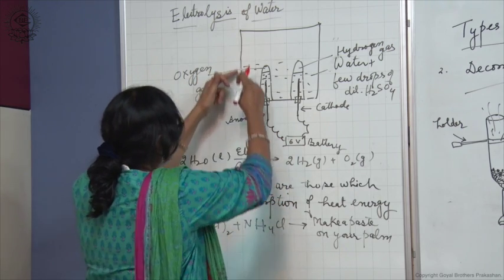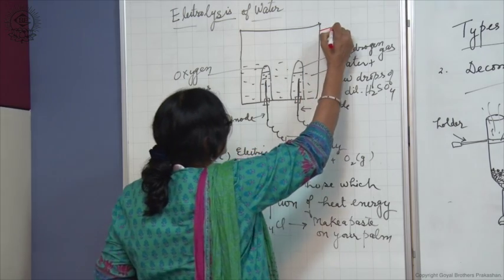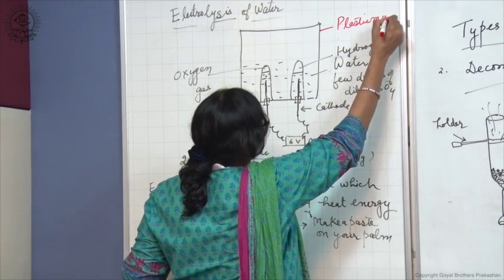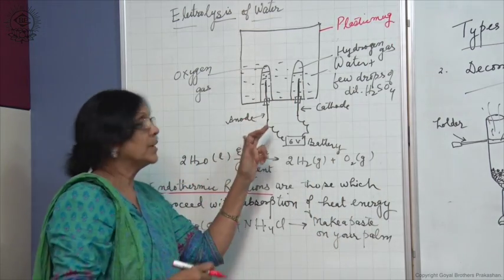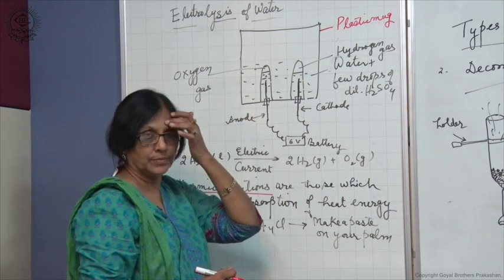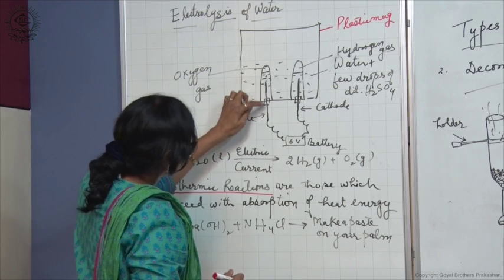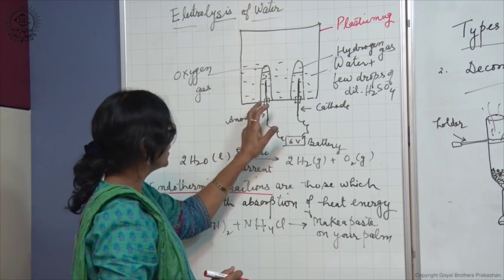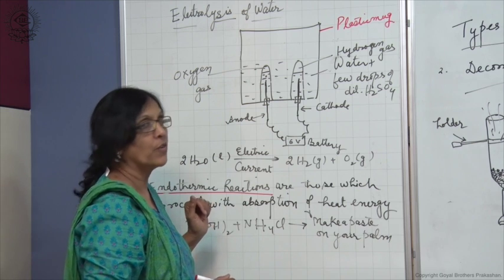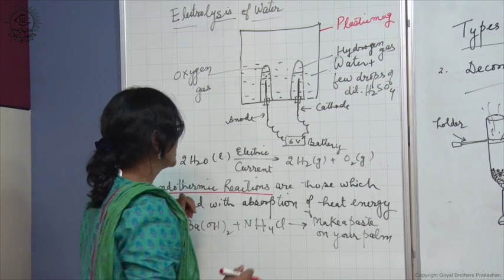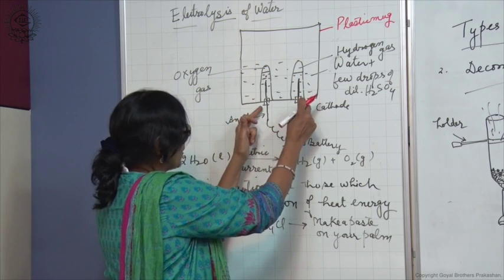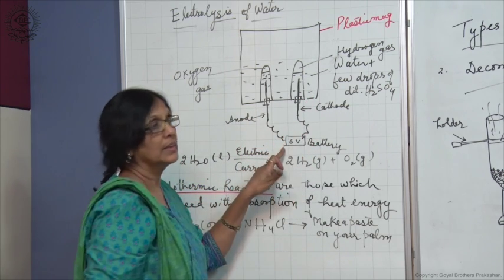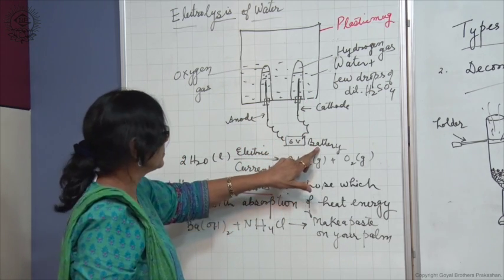Now, for this a plastic mug is taken. At the bottom it is fitted with 2 rubber stoppers, and carbon or graphite rods are fitted in these stoppers which form the electrodes. Now, these carbon or graphite electrodes are connected to a 6-volt battery.